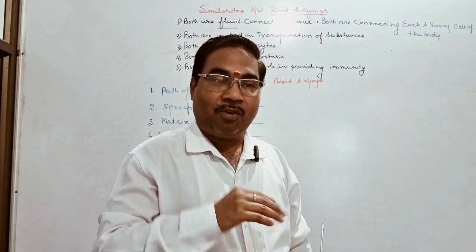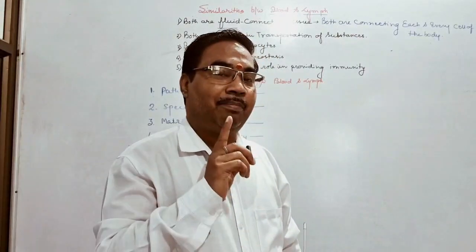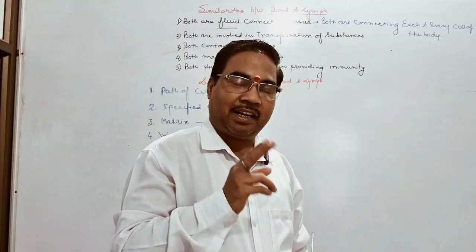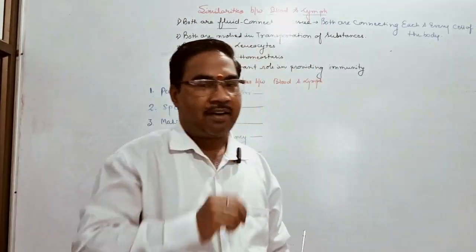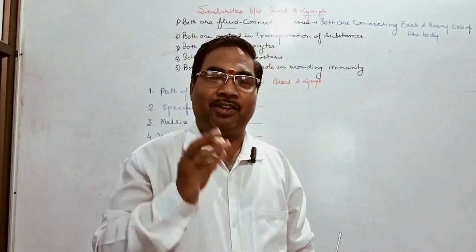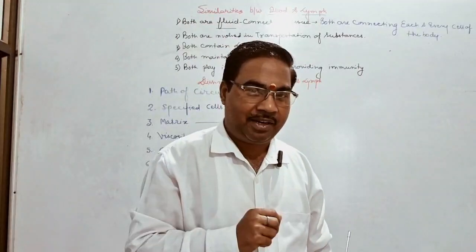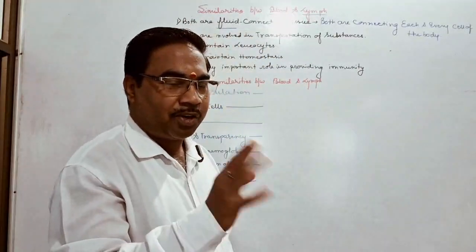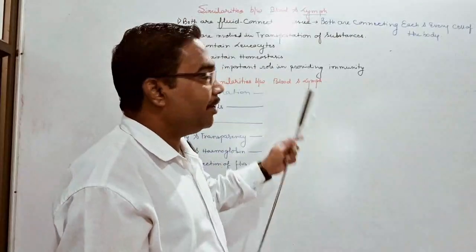For removing carbon dioxide, blood is the medium. So, for oxygen, for carbon dioxide, for hormones, for enzymes, for digested food, for excretory material, for the transportation of all these things, blood is required.